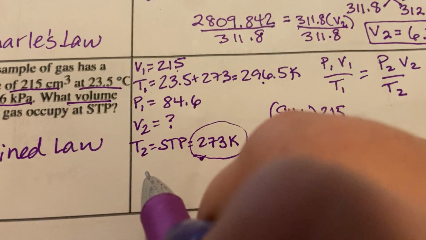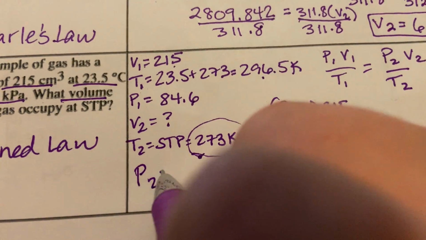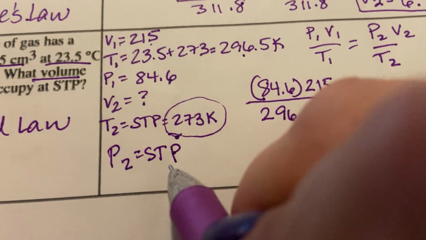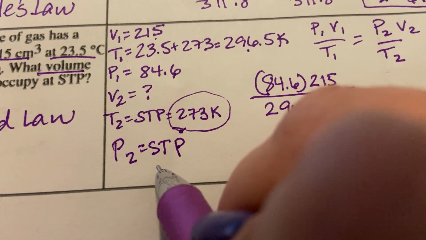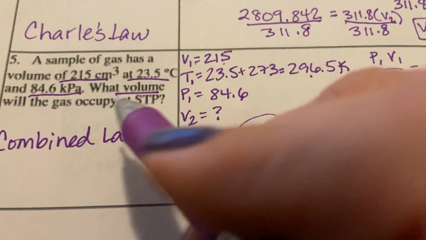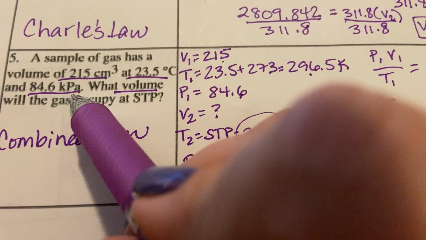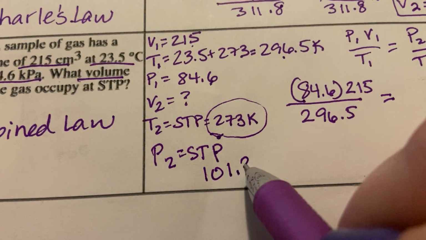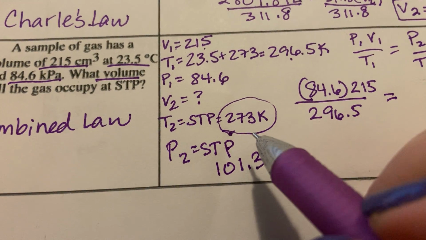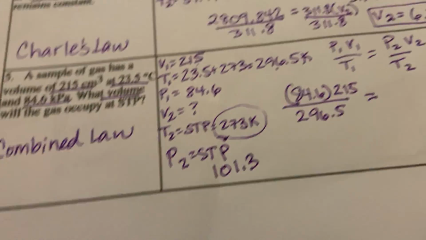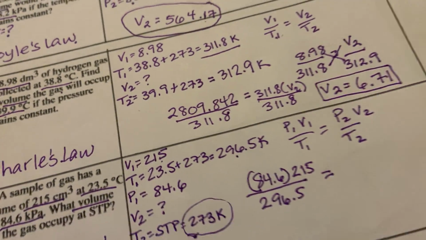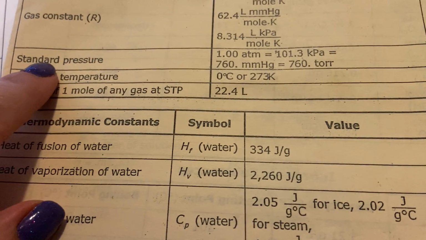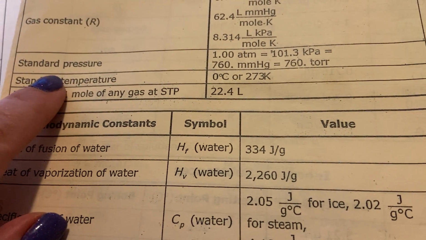My pressure 2 is at standard, remember it said standard temperature and pressure. And if you look on your reference tables, it tells you that the standard pressure when it's measured in kPa is 101.3. So make sure that you look on those reference tables, and I'll show you right here. Here is standard pressure, okay?